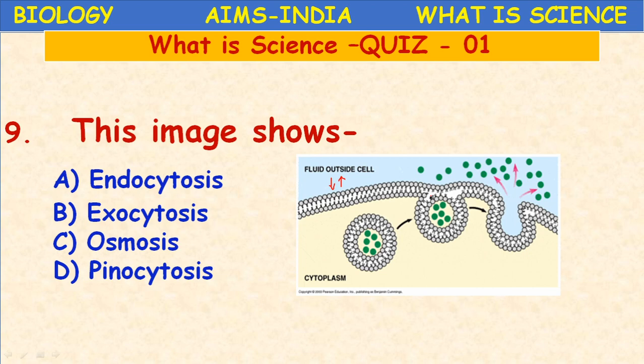Here the plasma membrane is involved. The main function of the plasma membrane is to maintain osmotic balance. Sometimes particles come out through the membrane and sometimes they go in. This process is called exocytosis, meaning the fluids are coming out from the cytosol. So exocytosis or exosmosis. Next, the answer is B.